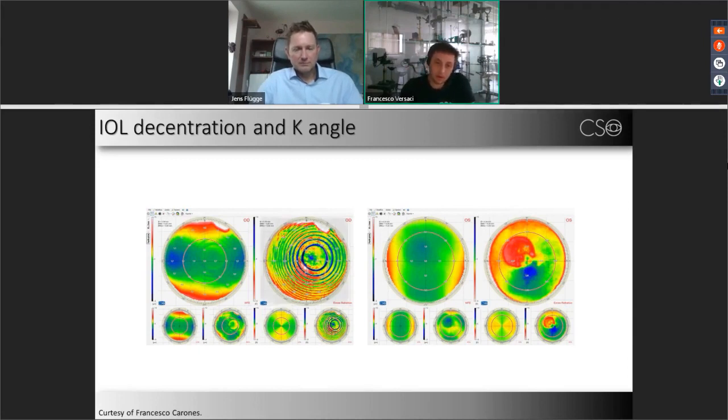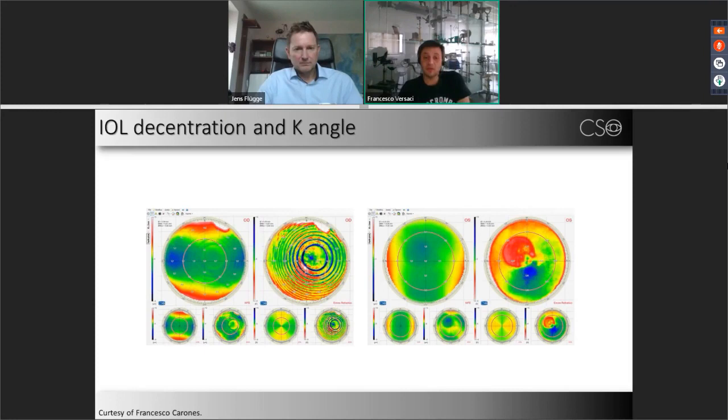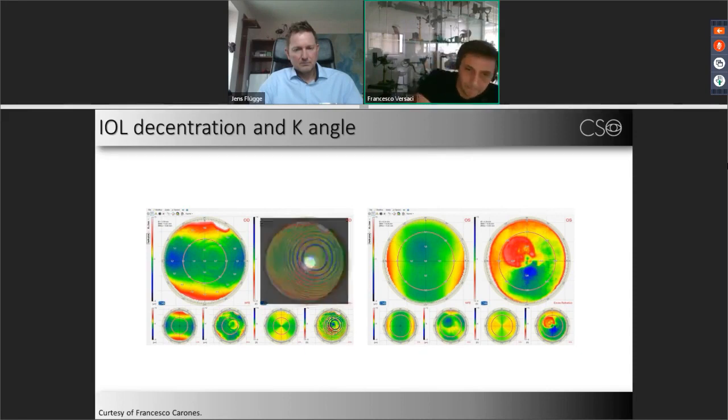So by means of this image, you can understand if the center of the lens was actually concentric with the kappa angle, so the corneal vertex, or like in the right case, there is an actual decentration, and we have to proceed with some kind of surgery to realign the lens into the back.